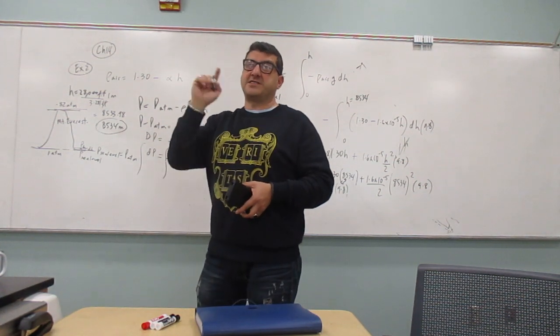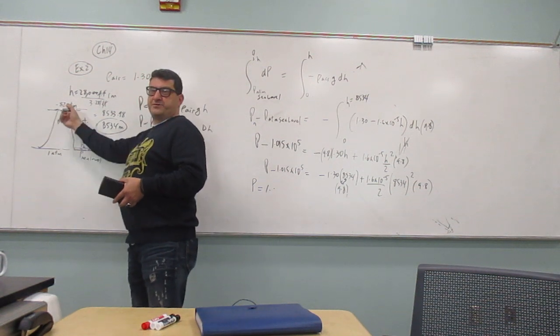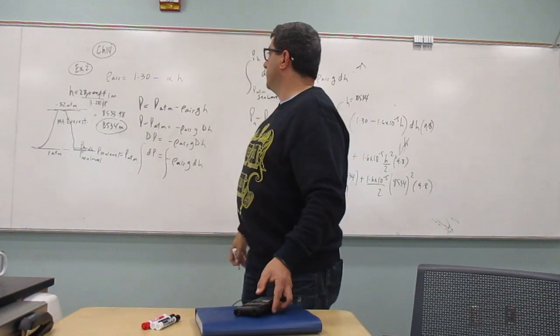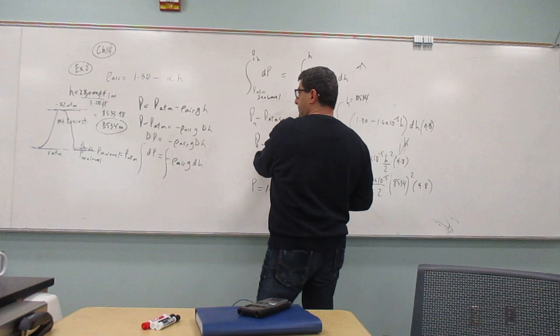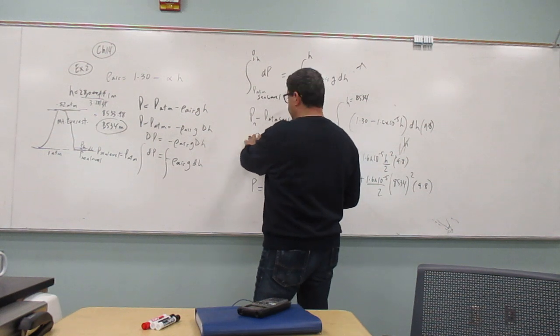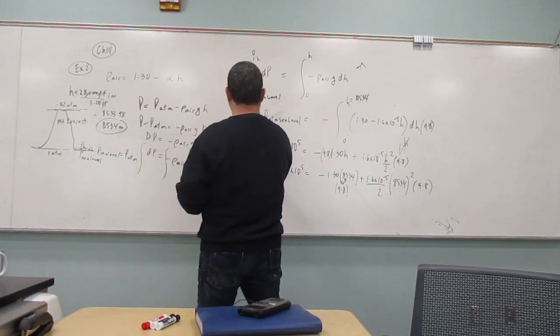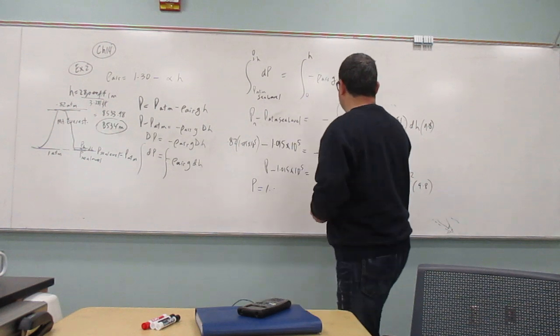Find the alpha constant that you need in order for this to happen. We can work backwards, you see. We can do the same procedure and say P minus P atmosphere, but this is already given, right? So 0.82 of the P atmosphere minus this.